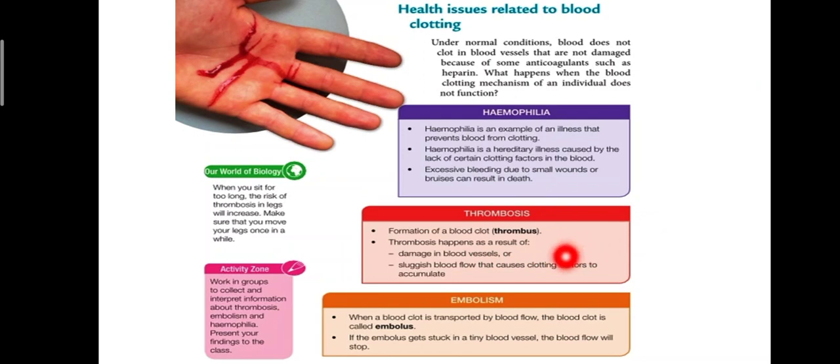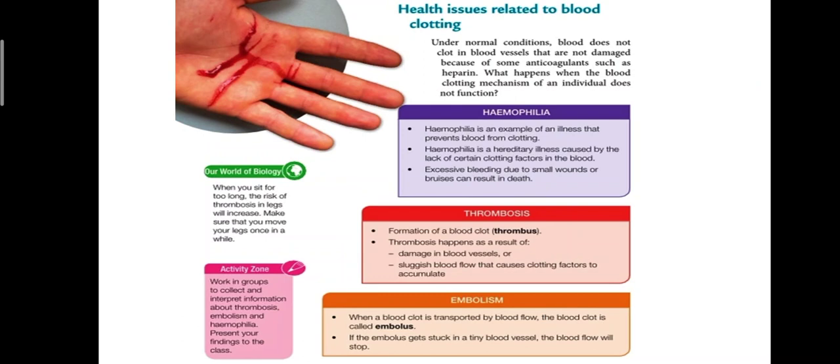Okay? Dan yang ketiga adalah embolism. Embolism, when a blood clot is transported by blood flow, the blood clot is called embolus. If the embolus gets stuck in a tiny blood vessel, the blood flow will stop. Okay, so ini adalah macam satu laluan lah. I mean, laluan yang tersekat kan?